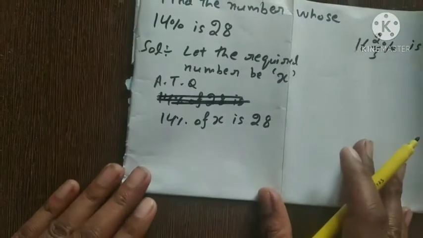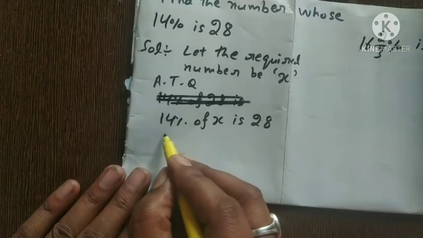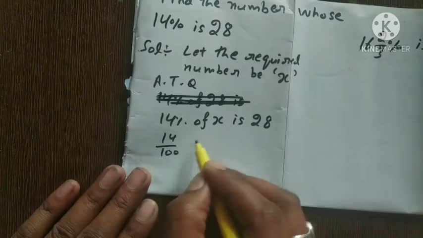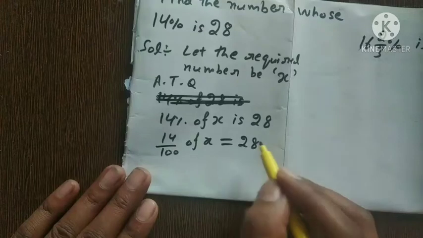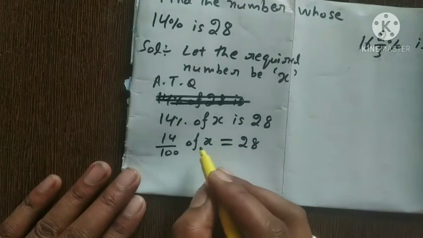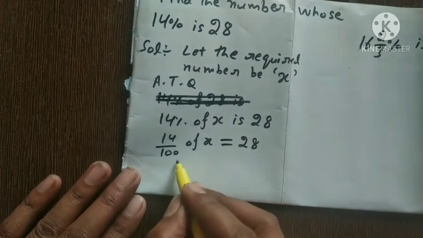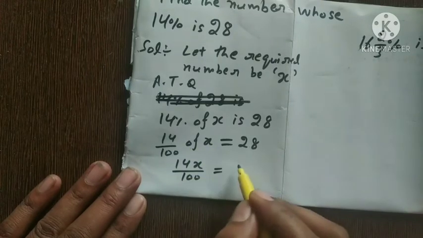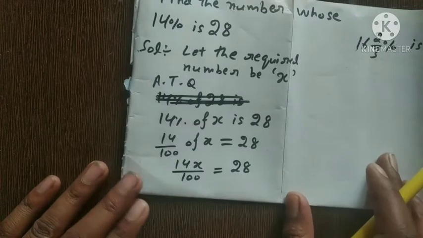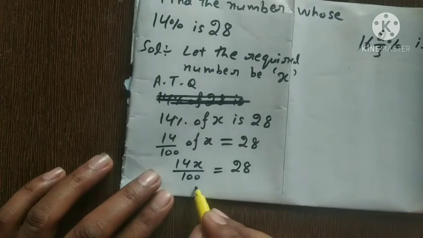Now you see, what is the meaning of percent? 14 over 100 of x is equal to 28, right? Now we have to find x. So 14x over 100 is equal to 28. Now what is the value of x?